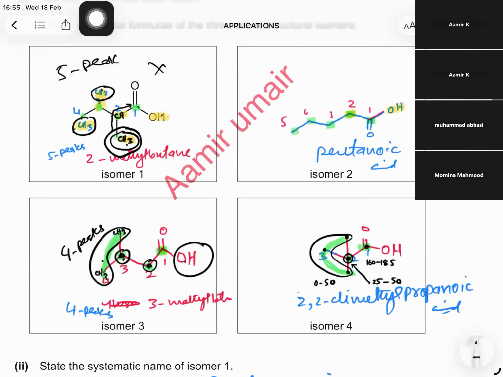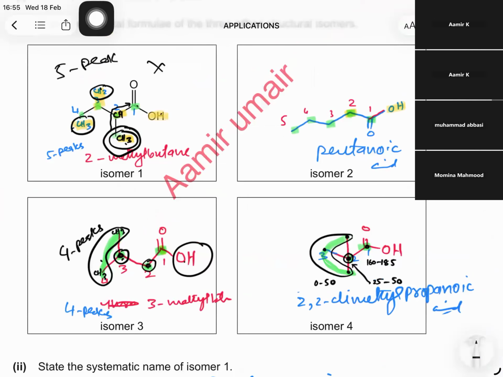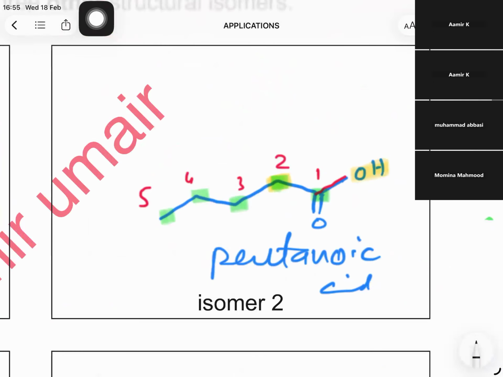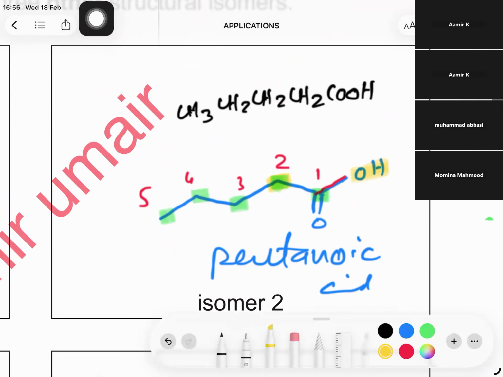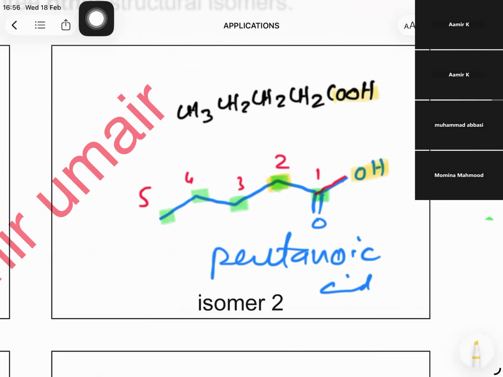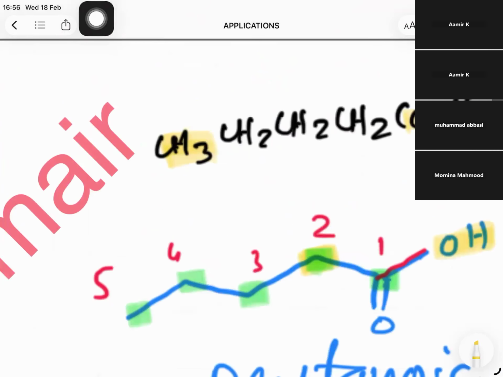How is every carbon different from the other? Look, this is CH3, CH2, CH2, CH2, COOH. Now, everyone is different from the other. How? COOH is different? Now, answer me. CH3 is different? Now come to the CH2s. They are confusing for you. This CH2 has a CH3 as neighbor, it can't be the same as another. And there is no other like that. This one has COOH as neighbor, and there is no other like that.